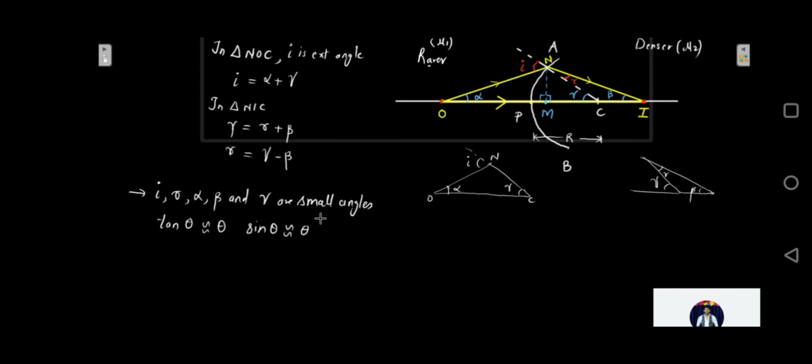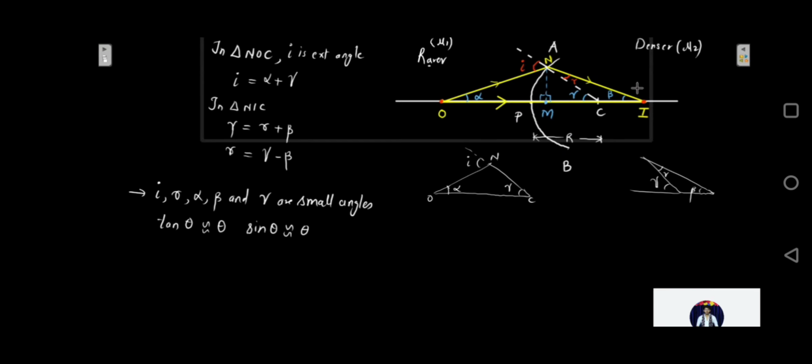Okay, so now in the next step, I'm going to find out tan of alpha, tan of beta and tan of gamma. So in the first step, what did we find out? We found out what is I in terms of alpha and gamma, and we found out R in terms of gamma and beta. In the next step, I'm going to write down the trigonometric ratios for tan of alpha, tan of gamma and tan of beta, and I will say that it is approximately equal to alpha, beta and gamma, and then make the substitution.